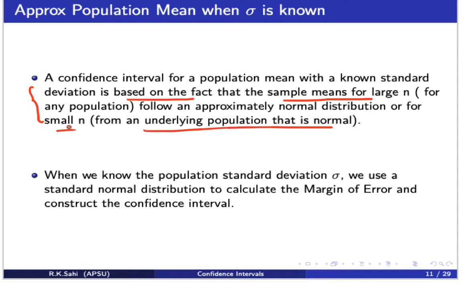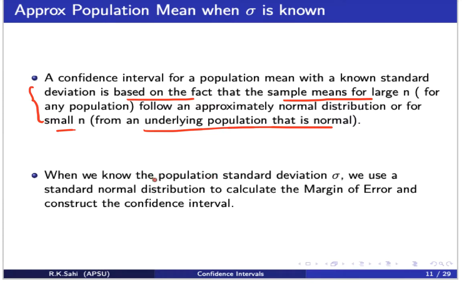Remember that. If my sample size is large, that means 25 or more, then automatically we have an approximate normal distribution. But if my sample size is not large, then it should be given that the distribution from which the sample is taken is a normal distribution.